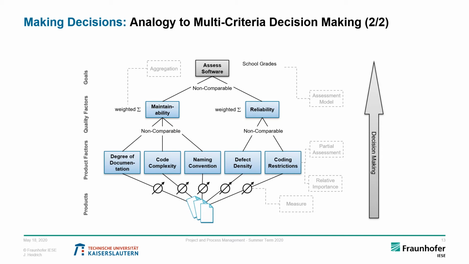And we can further break down maintainability into degree of documentation, code complexity, naming convention, and reliability into defect density and coding restrictions, for instance. And based on these product factors, we can come up with some concrete data, so the measures at the end of our software product.